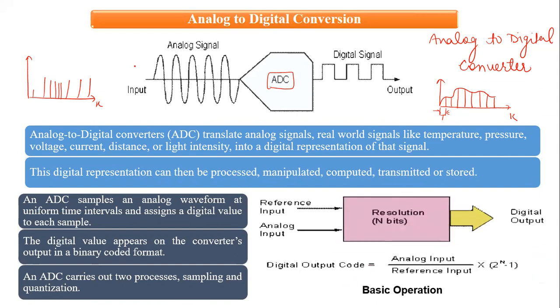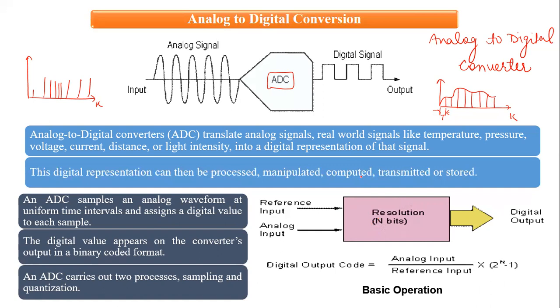From this block diagram representation, you can understand how the digital output is obtained from an analog signal, or how the A to D converter assigns a digital value to every analog sample. This is the formula for that. For n-bit resolution, if an A to D converter is of 2-bit resolution, there will be four data samples or four quantization levels.